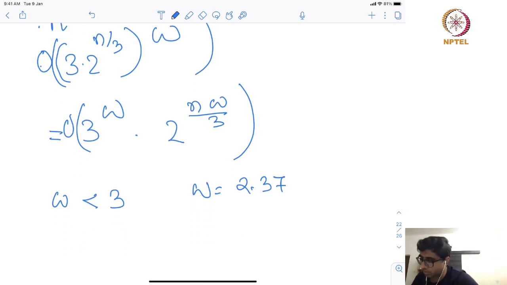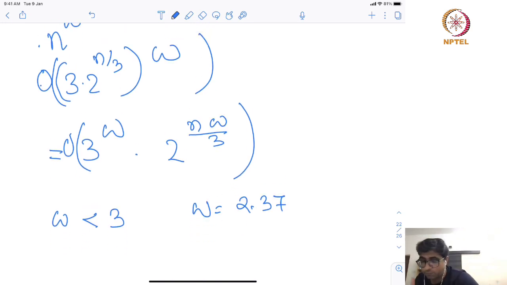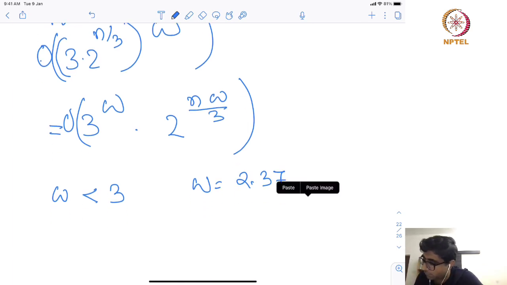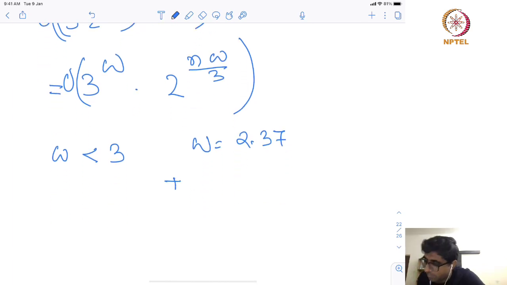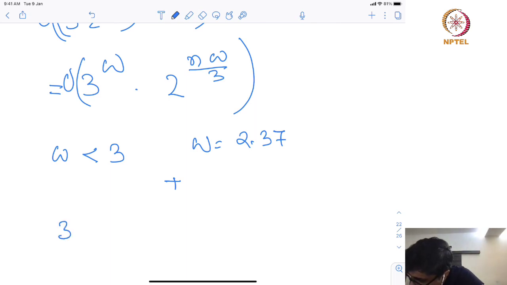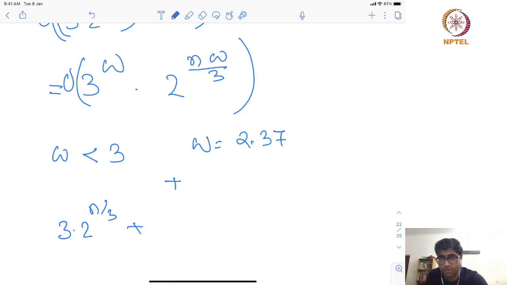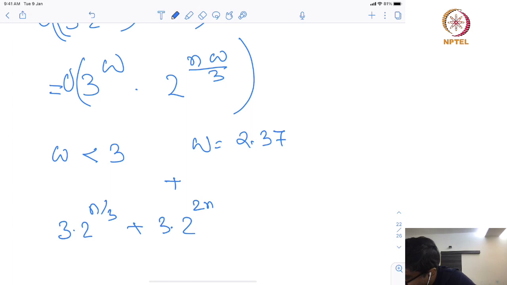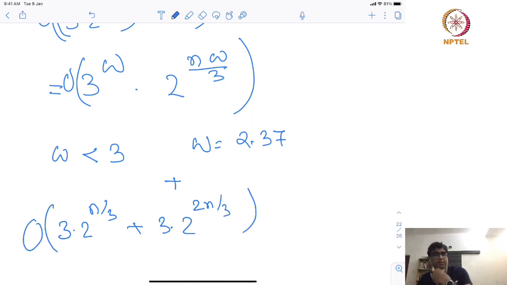So that is the running time of this, but we also had to construct our graph. To construct our graph, how much running time does it take? We had 3 times 2 to the n over 3 vertices, and then you have to give the edges. So this is an extra cost of constructing this graph.